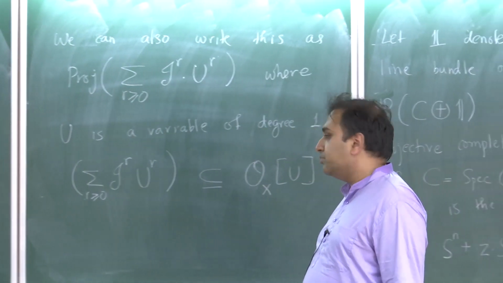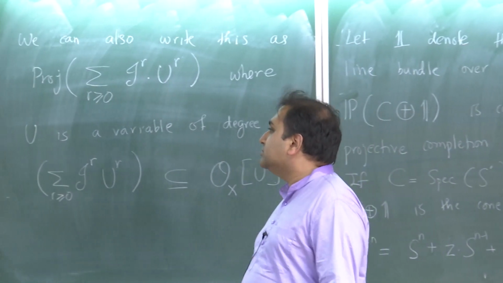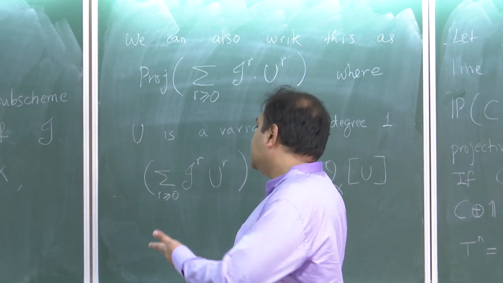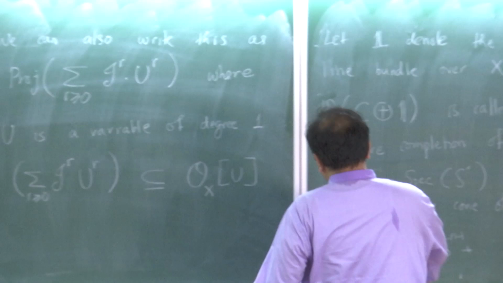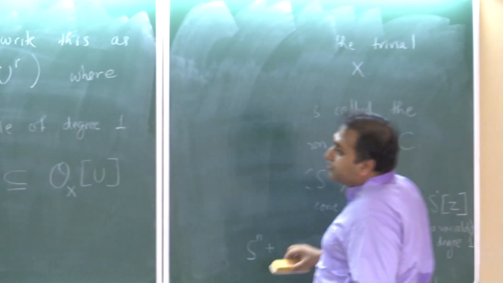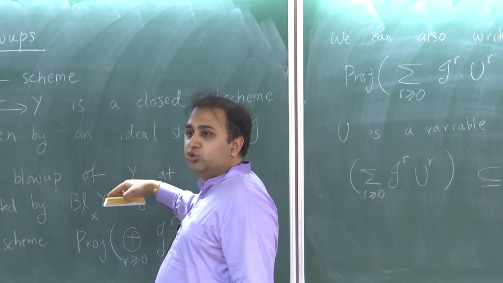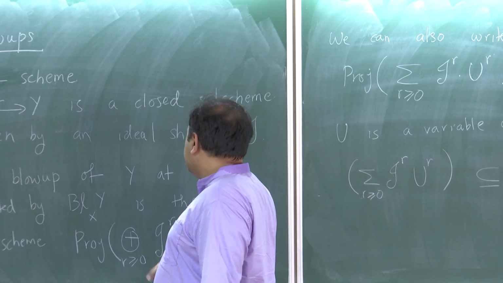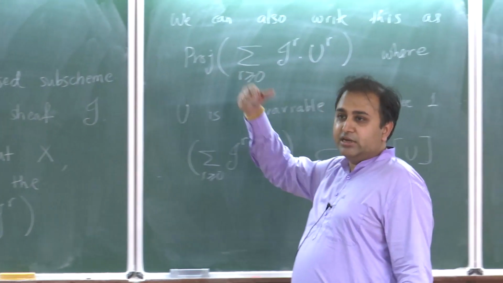So what I'm going to need is something very simple. What are blow-ups? What are the standard properties of blow-ups that I think everybody knows? One is that the blow-up is sitting on top of Y. If I look at the pre-image of X in the blow-up, that is going to be a Cartier divisor.